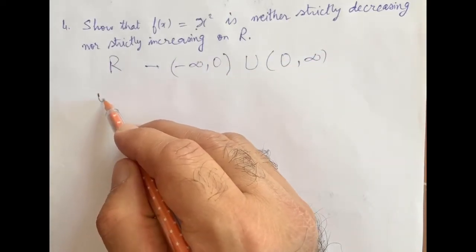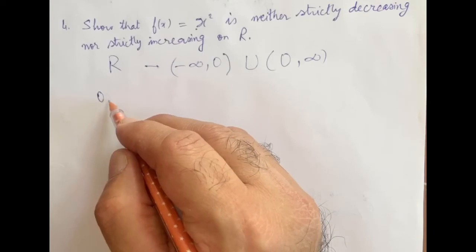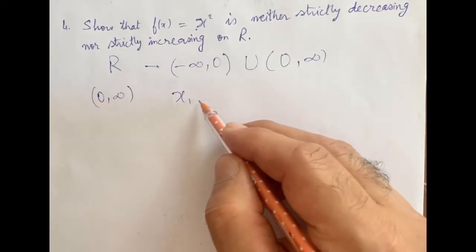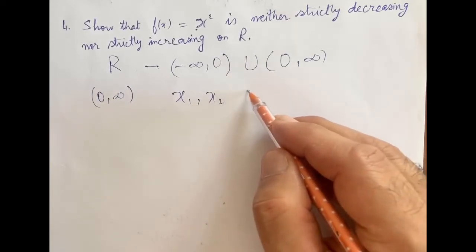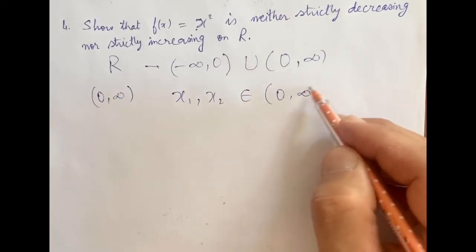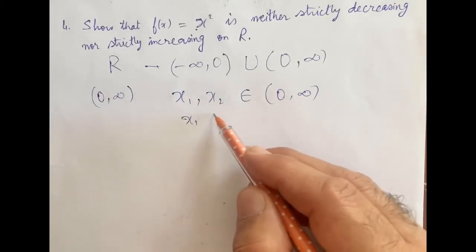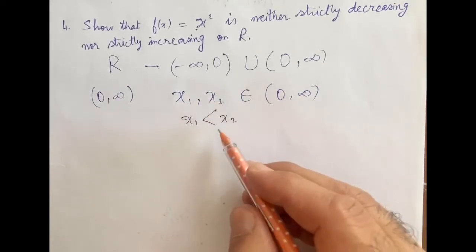For 0 to infinity, consider x1, x2 belonging to this interval 0 to infinity. This means x1, x2 are both positive, and we consider x1 less than x2.